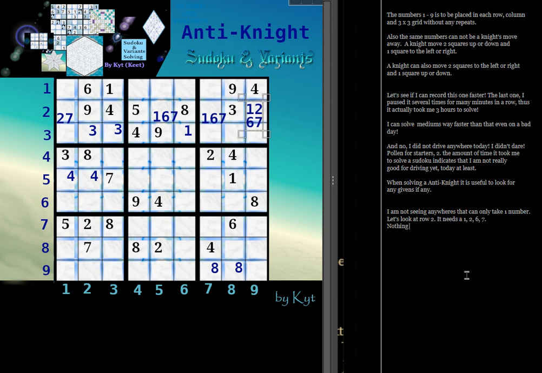Nothing looks unique. But let's use the anti-knight rule.